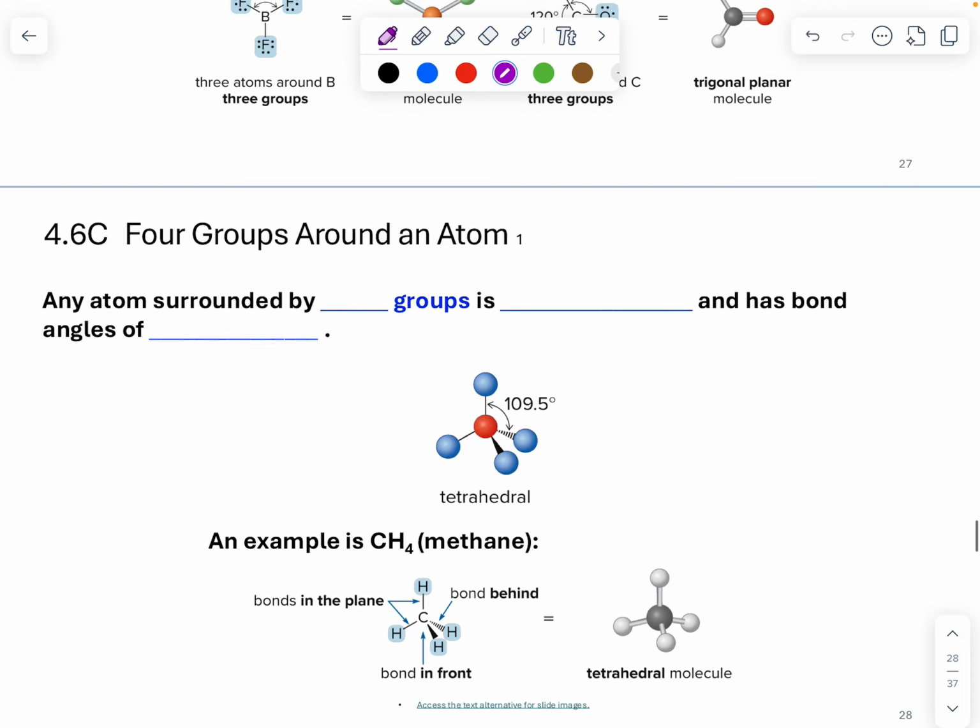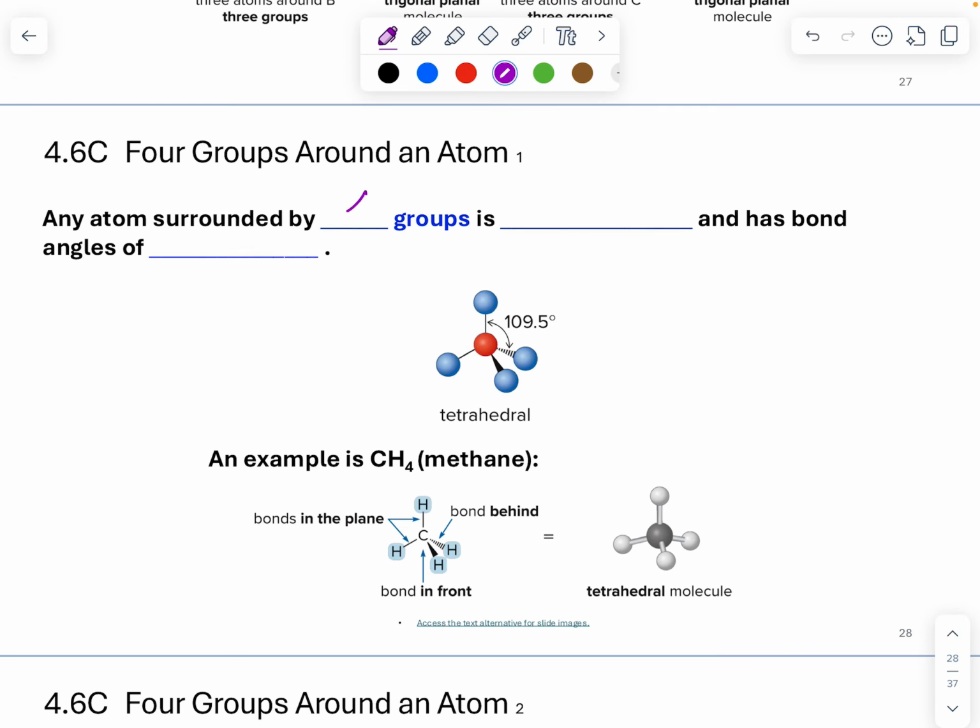And then we have a situation where the atom is surrounded by 4 groups. The shape is said to be tetrahedral, and the bond angle is 109.5 degrees.